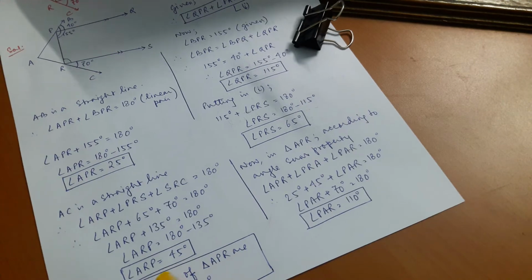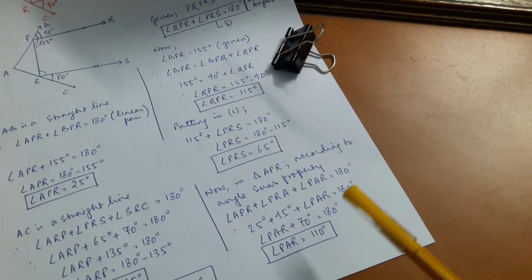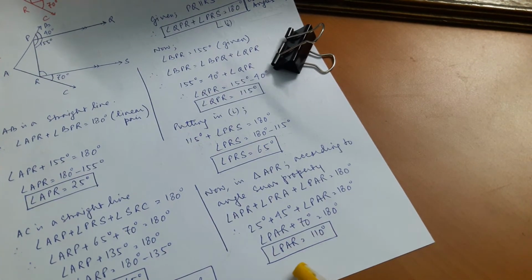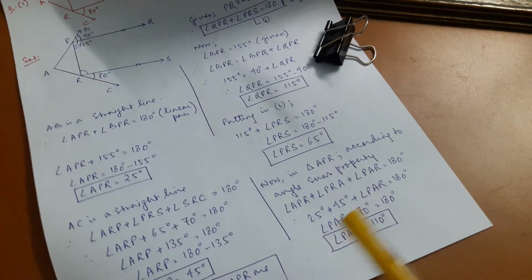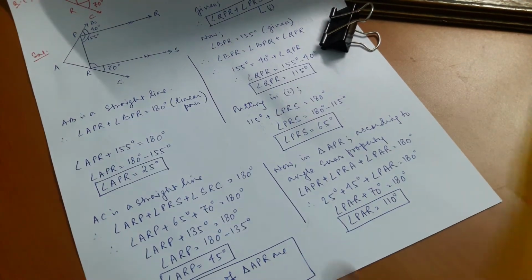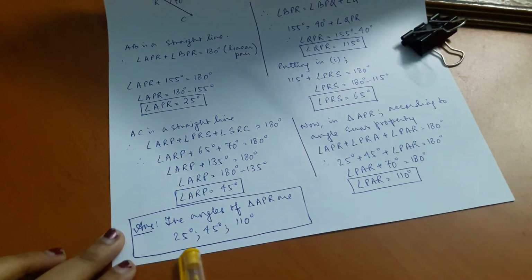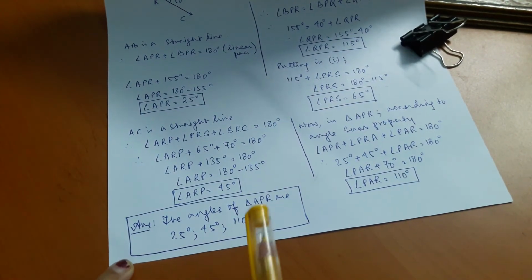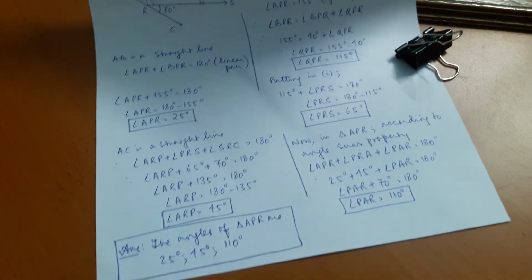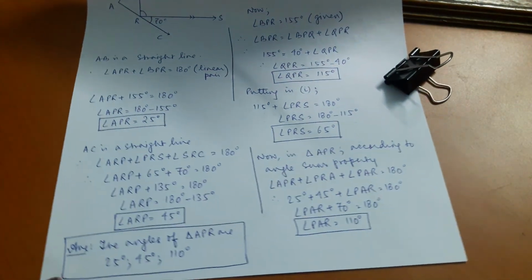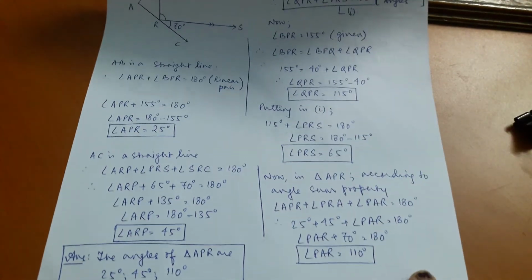PRA we also found, 45 degree. So angle PAR is ultimately 110 degree. Therefore the angles of triangle APR are 25 degree, 45 degree and 110 degree. So this is our required solution. Have a look.